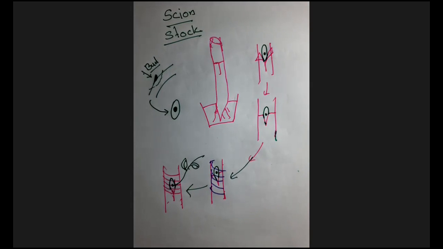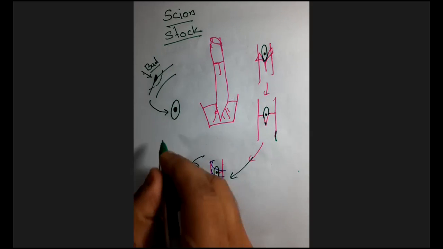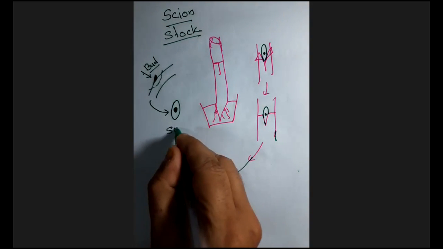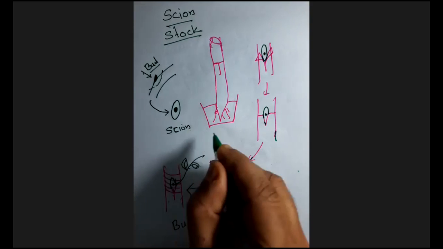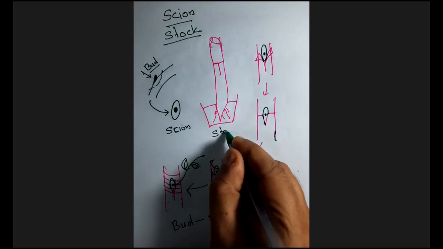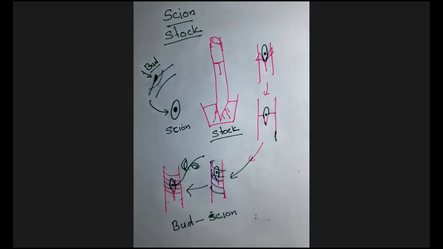Here the bud is the scion, sorry, the bud is the scion. This is going to be the scion, and this is going to be the stock. Always the rooted part is called stock.